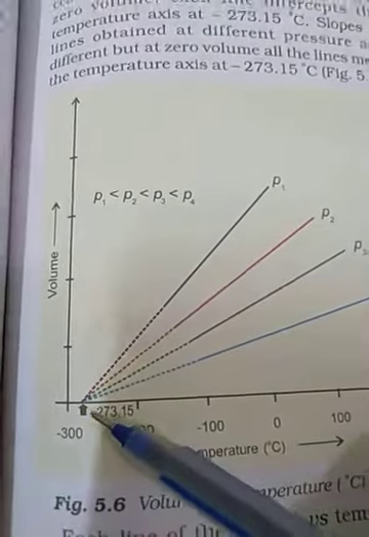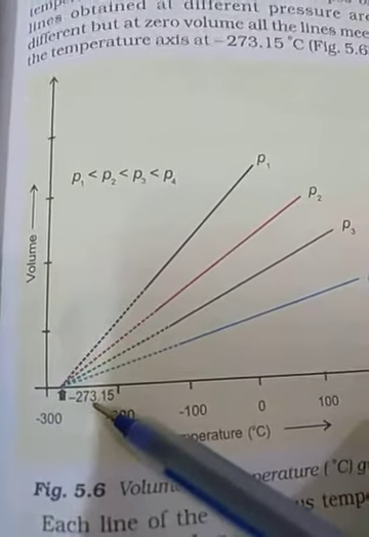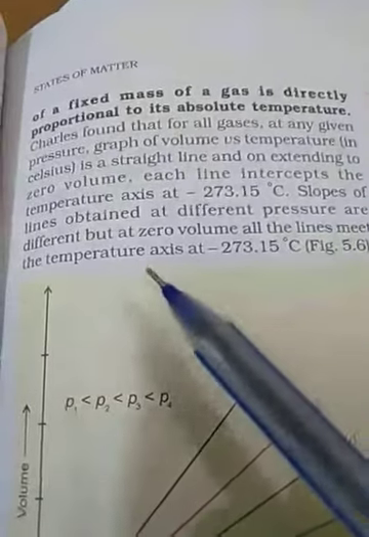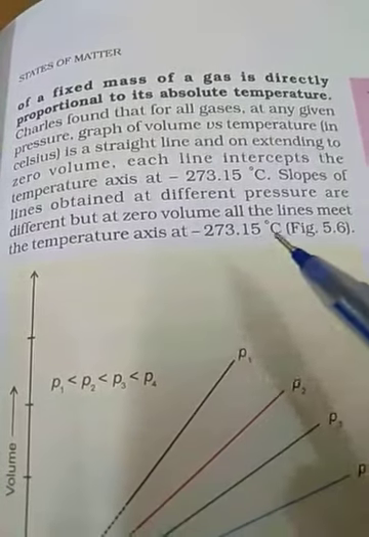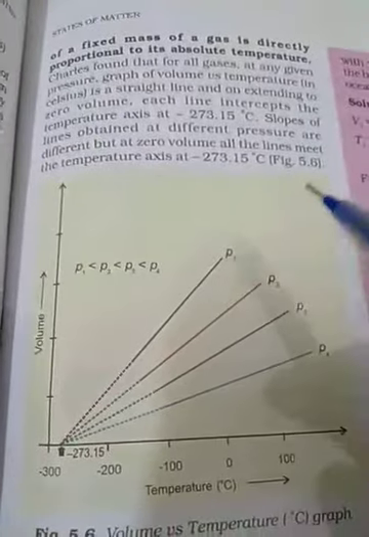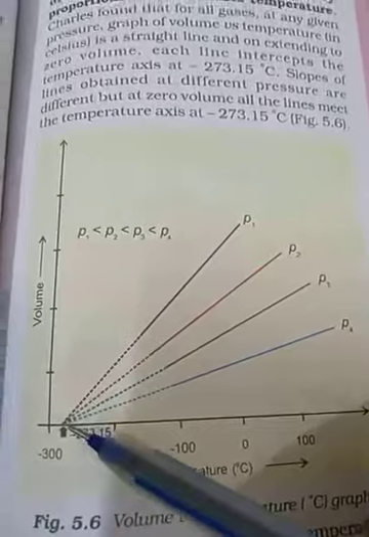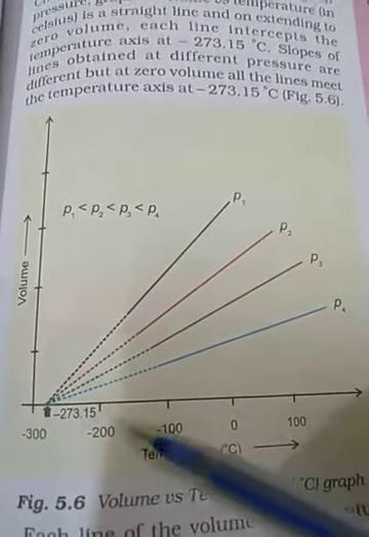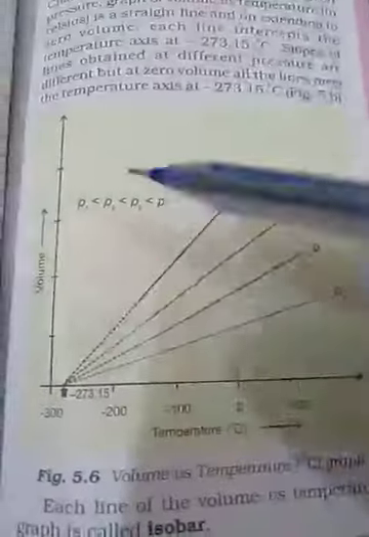So if volume is 0, then you are getting temperature minus 273.15. The slopes of lines obtained at different pressures are different, but at zero volume, all the lines meet the temperature axis at minus 273.15. This is very important.